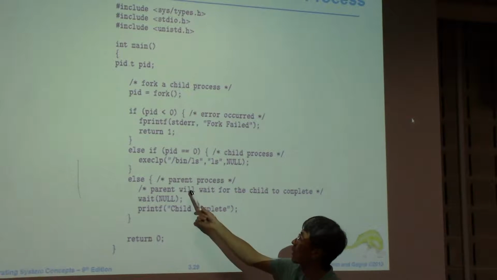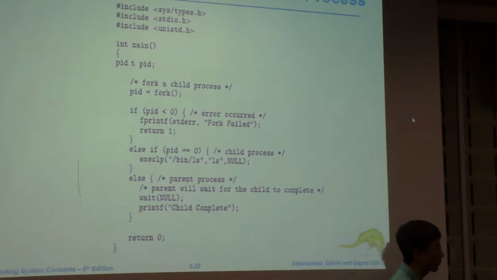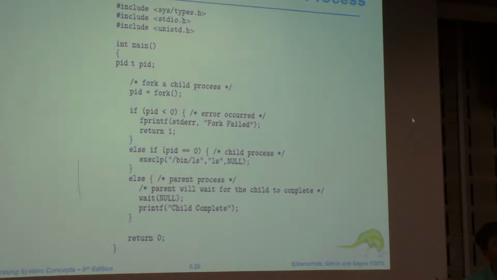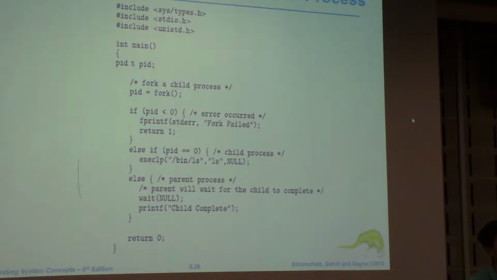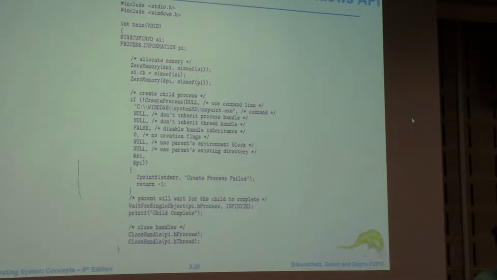When this one is done and goes to this line, the child process is completed. You can just copy and paste and compile using GCC in your Unix, Linux, or macOS. Why don't you test it?